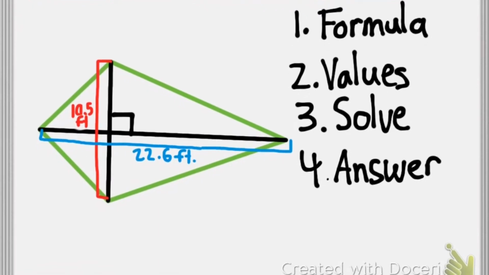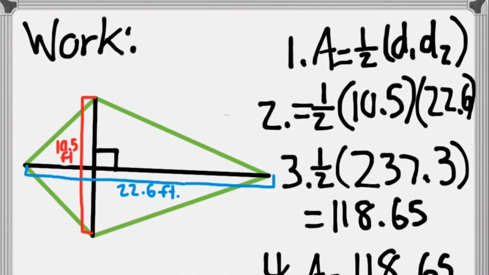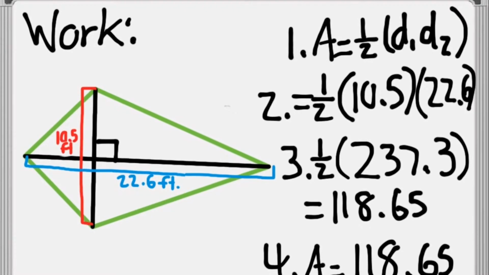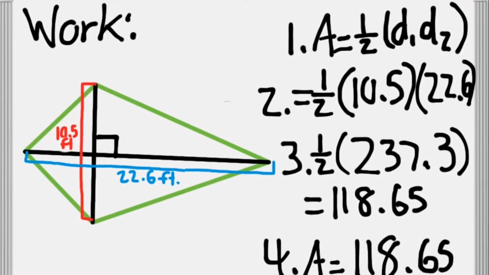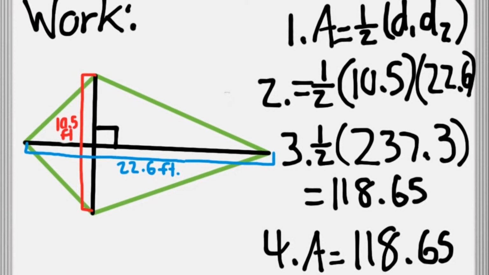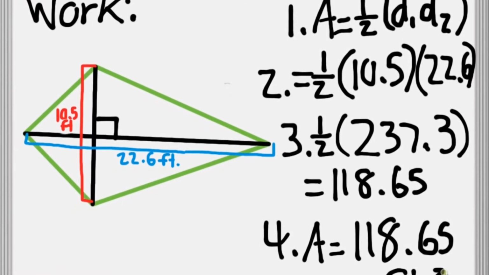Now that you're refreshed, let's find the area of this kite-shaped garden. First, rewrite our formula, A equals 1/2 of the first diameter times the second diameter, and then plug in our values, which are 10.5 feet and 22.6 feet. After plugging in our values, we then need to solve our new equation.